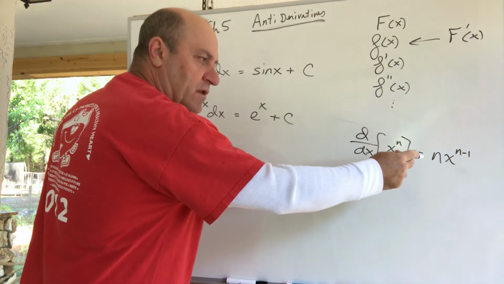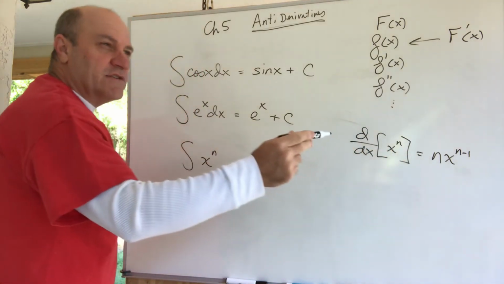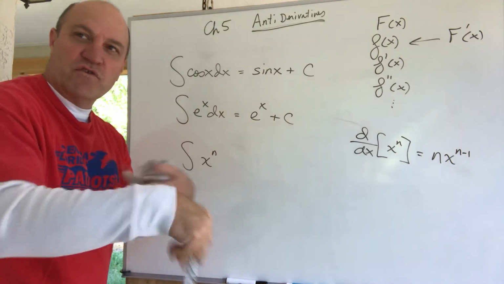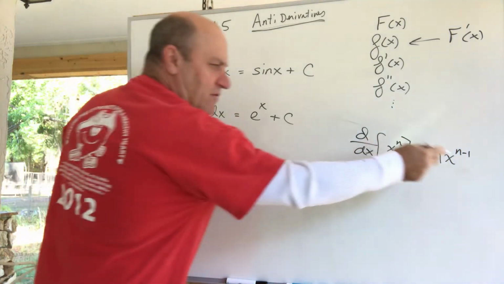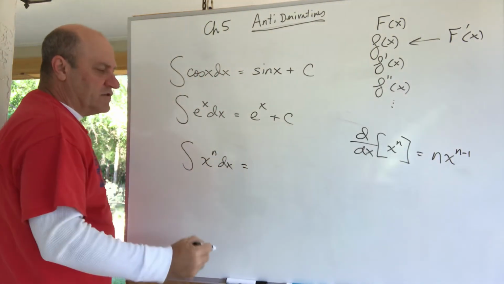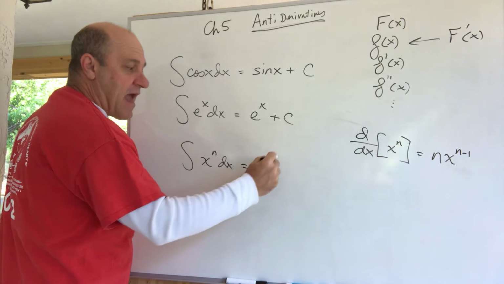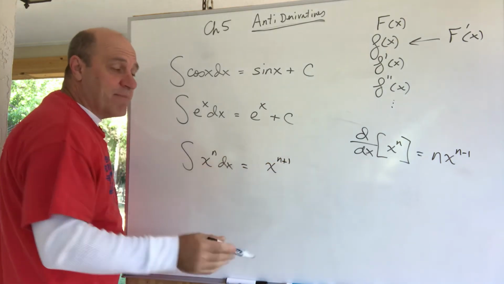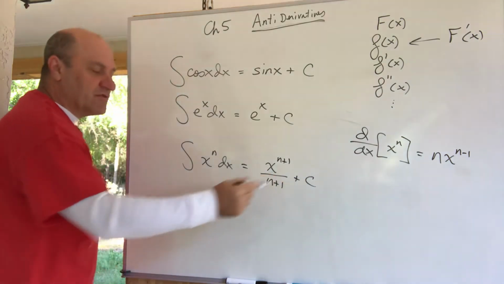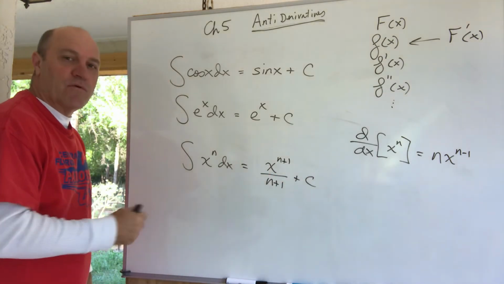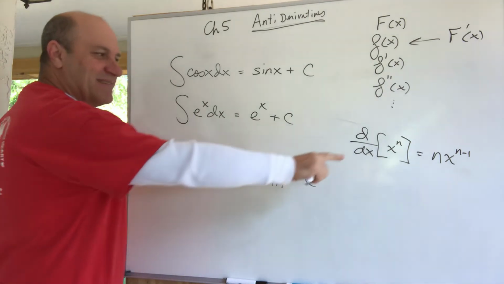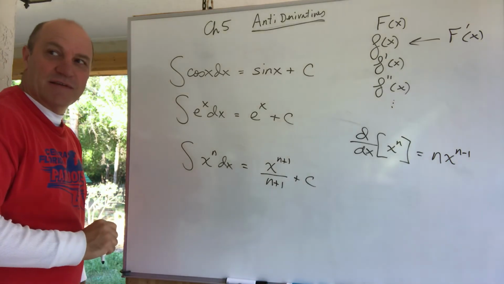So the antiderivative rule is to do the opposite of that, the reverse of that, in the reverse order. So hang on, what did I do? I multiplied and then I subtracted one. Well then what I want to do here is I want to add one to the power, and then divide by that new power. So this is important. This is crucially important. This is the classic power rule for integration, or the power rule for antiderivatives. It's the opposite of the good old power rule of derivatives.